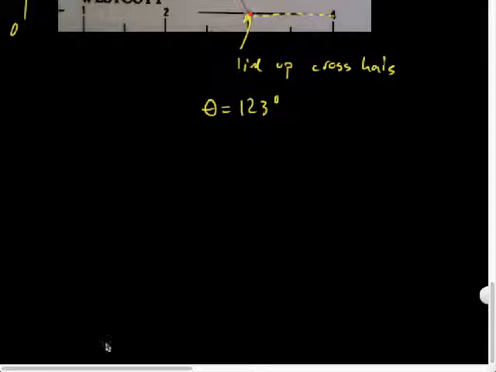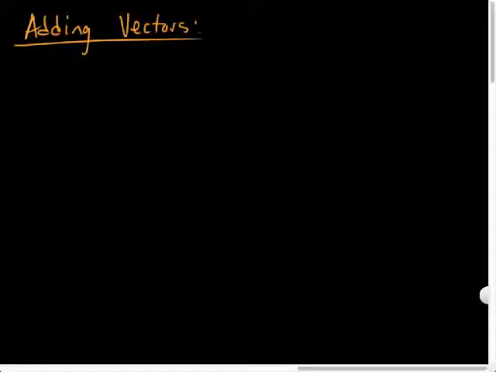So let's talk about adding vectors. And there's two techniques for adding vectors. And it's related to the fact that I said earlier a resultant is the sum of two or more vectors.